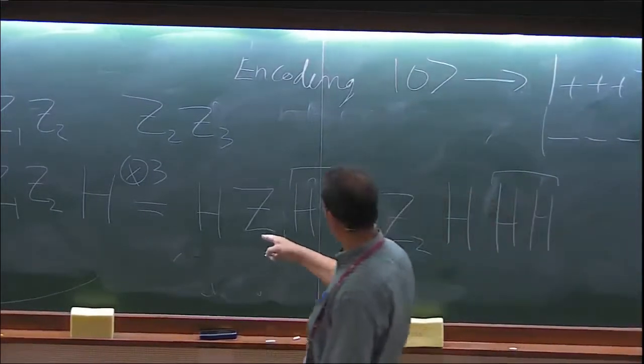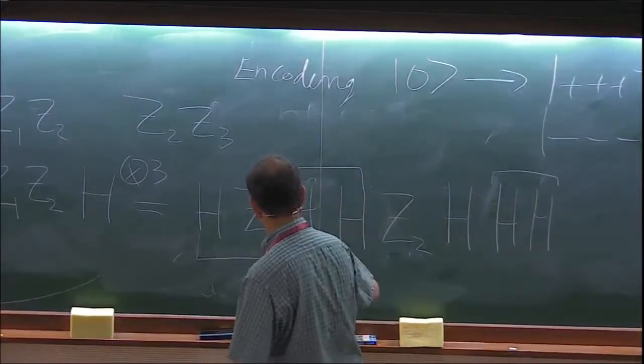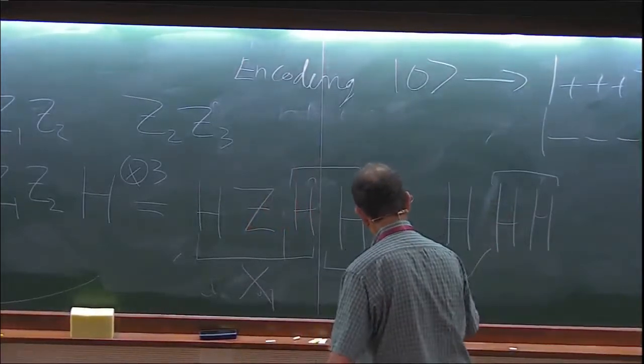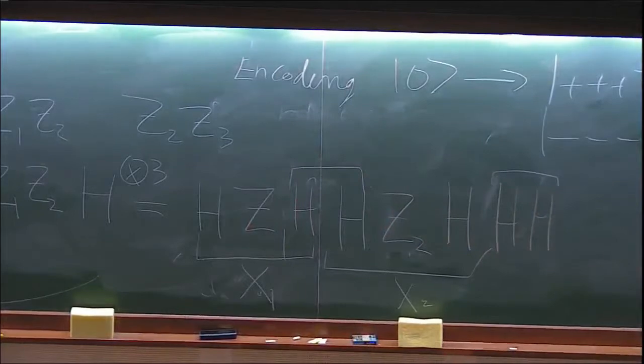And H Z H is just X, as you will recall. So if you just want to detect phase flips, the stabilizers would be X1, X2, and X2, X3. Okay.